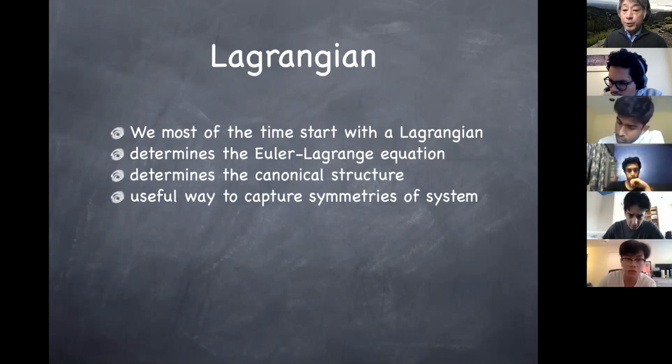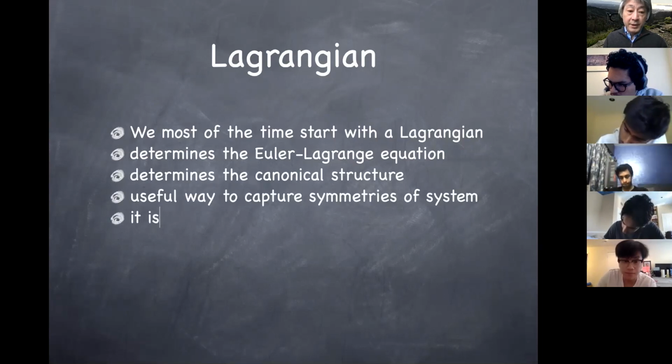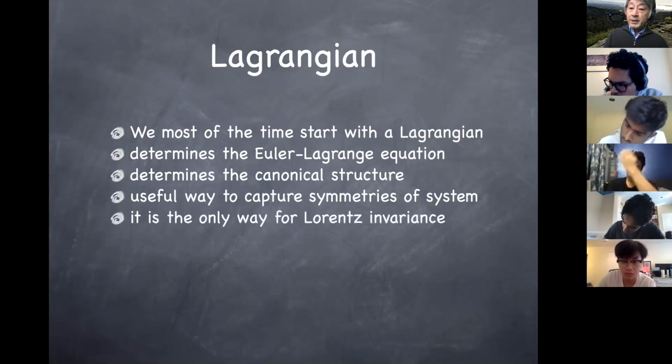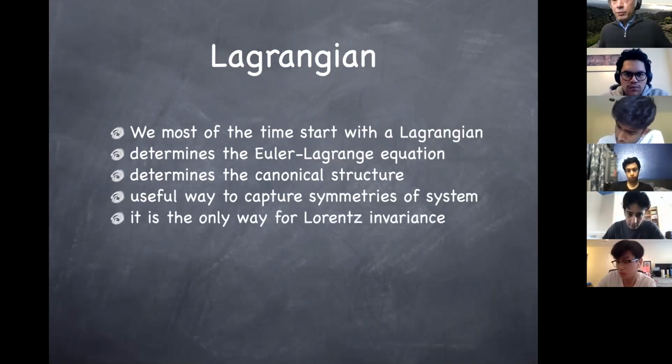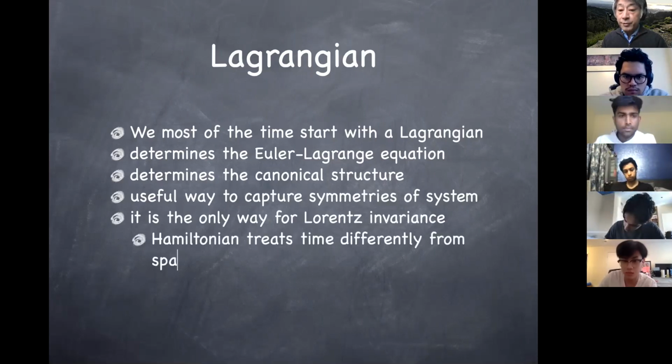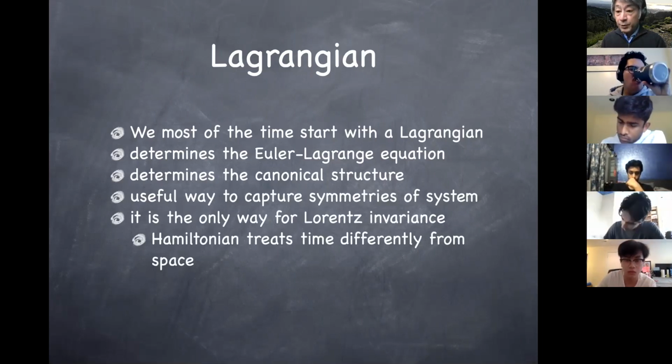The Lagrangian is also useful to capture symmetries of the system. The reason is that in Lorentz invariant theories, once you try to incorporate relativity, you need to treat space and time on equal footing, right? But the Hamiltonian treats time differently from space. If you think about the Schrödinger equation, for example, the Hamiltonian operator acting on the wave function is the time derivative of the wave function.